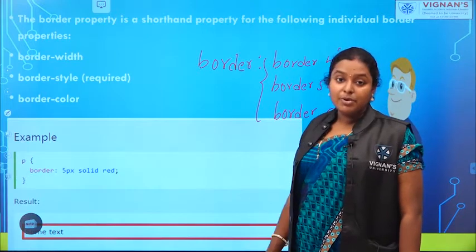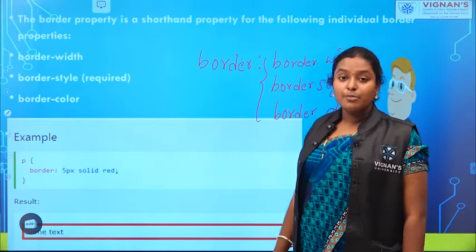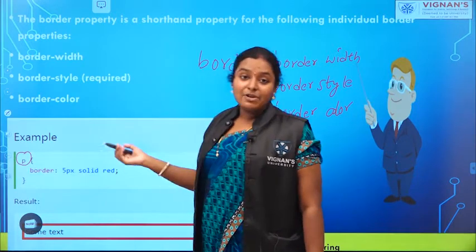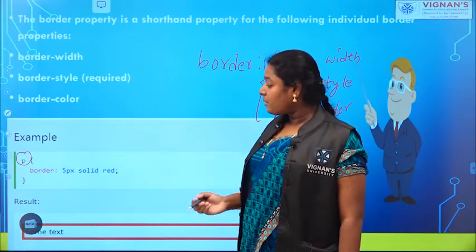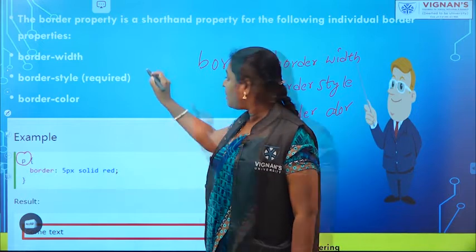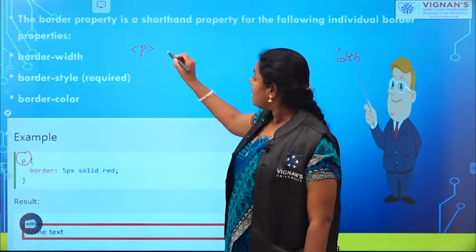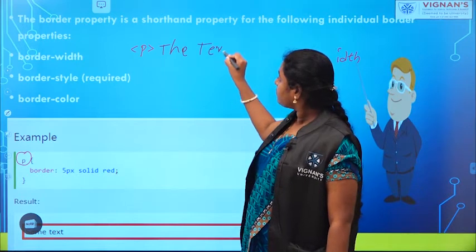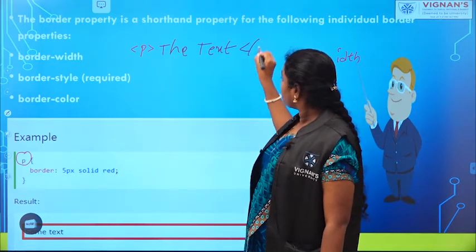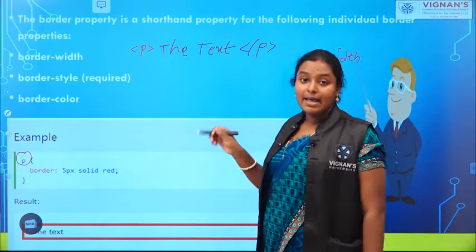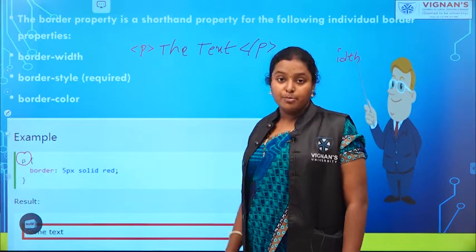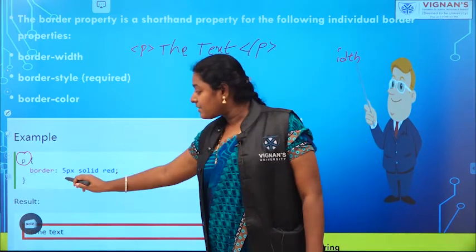So this is the example. I am using the corresponding border property for the P element. For example, I had taken a P tag, I had written the content, the text. So for this content I am applying the border property. So border is having 3 values.